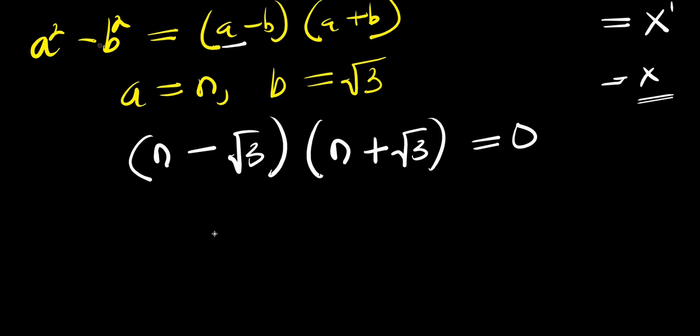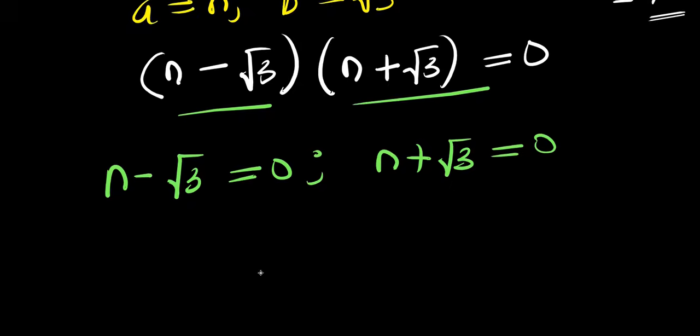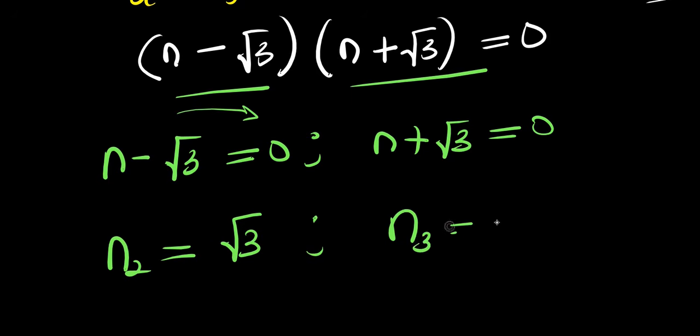So from here, we can equate each of these to 0. I have n minus root 3 equals 0, and also n plus root 3 equals 0. So from here, I can have my n2 equals positive root 3 because this moves over here, and my n3 equals negative root 3.